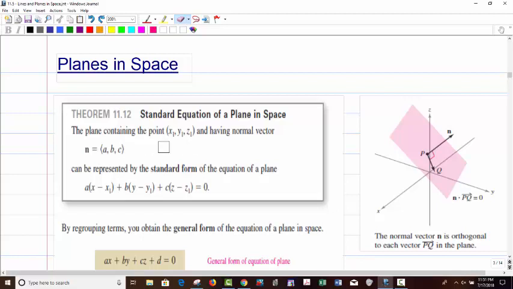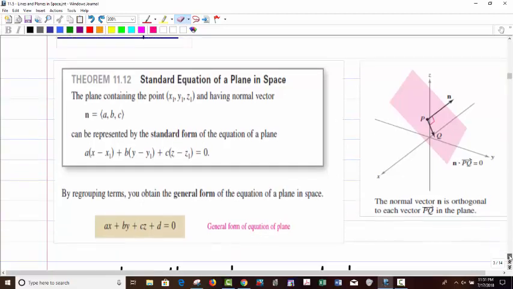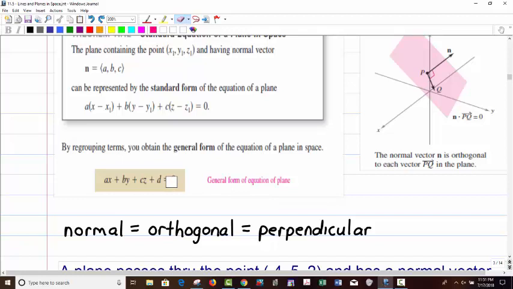But anyway, here's the standard form of the equation of the plane. A, B, and C are your normal vector, and then you have x minus x1, y minus y1, z minus z1. That's called standard form. And you can expand it out and distribute.